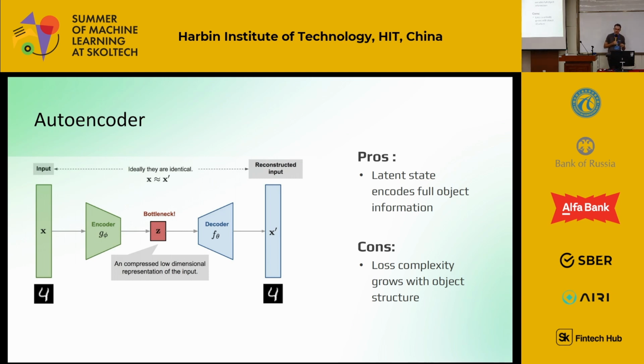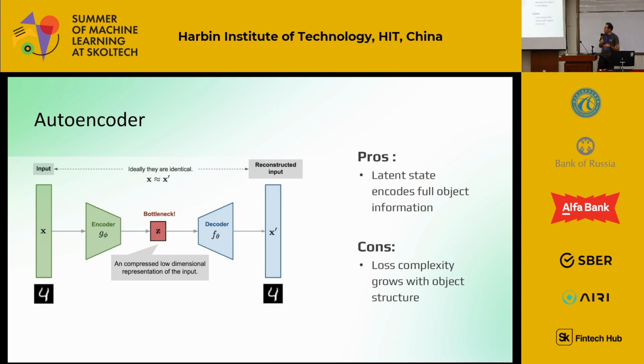So all information about it is inside of this hidden vector. The problem is that this approach works only for small data in simple cases. When we try to apply it to a more complicated case, it doesn't work well.